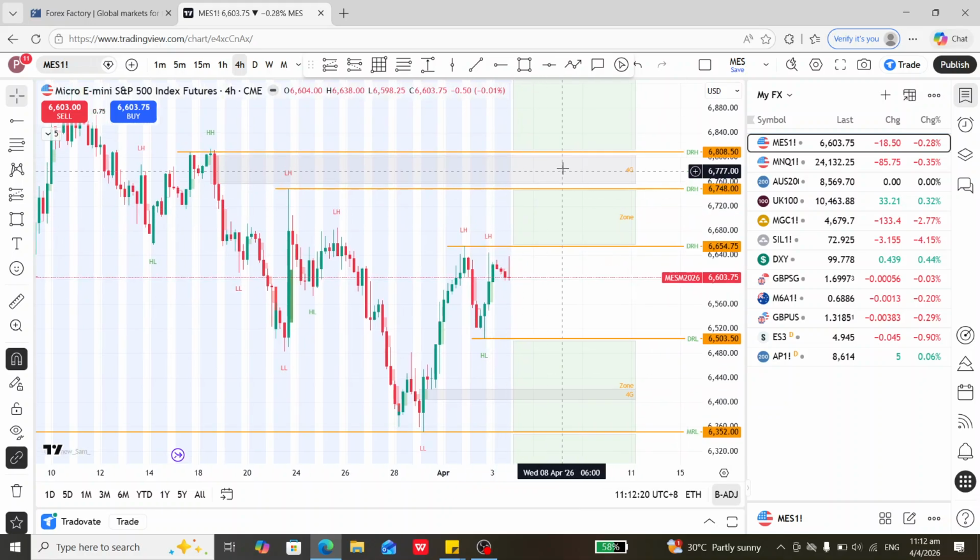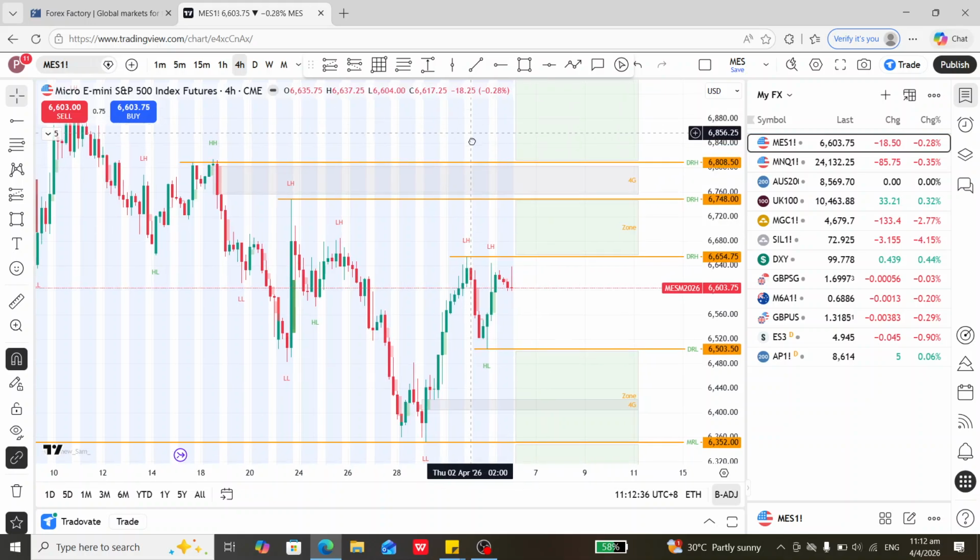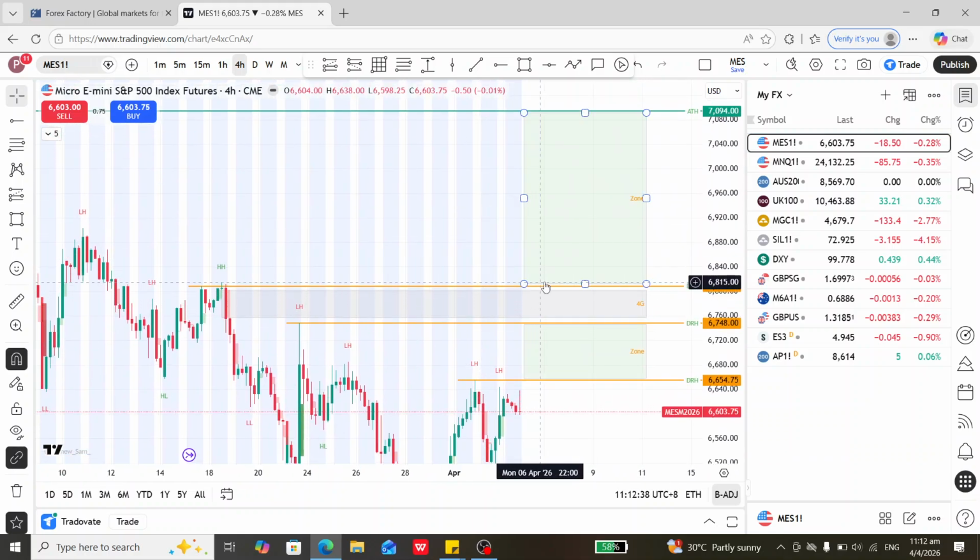Upside here, there is a small zone from this daily rejection high to this daily rejection high, but it is quite small and in between there is a 4-hour gap blocking. So that's why I'm not interested in between this zone unless the market really breaks through this daily rejection high. Then I got a big zone to the all-time high.